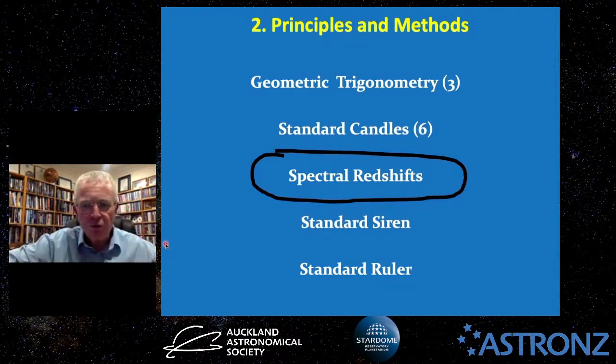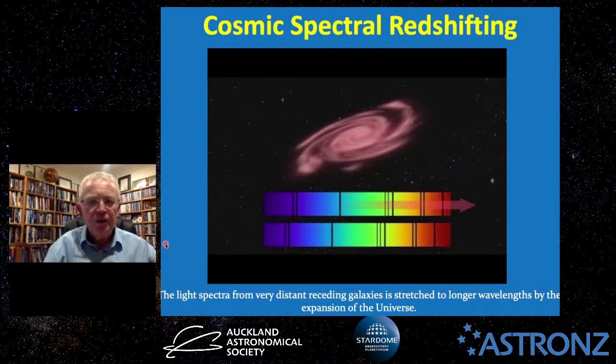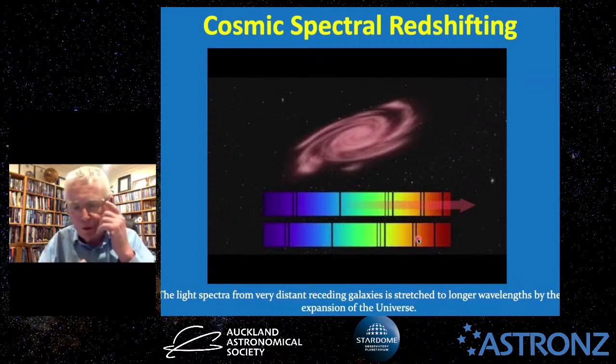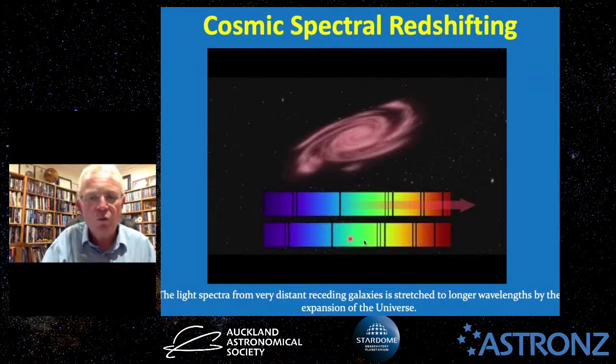Let's look at spectral redshifts. And the idea here is this: when light leaves a galaxy, it looks something like this here. You've got nice little spectral lines, and they're at their set positions according to the wavelength of the light, and they're measured and documented in the laboratory where certain emission lines should be.